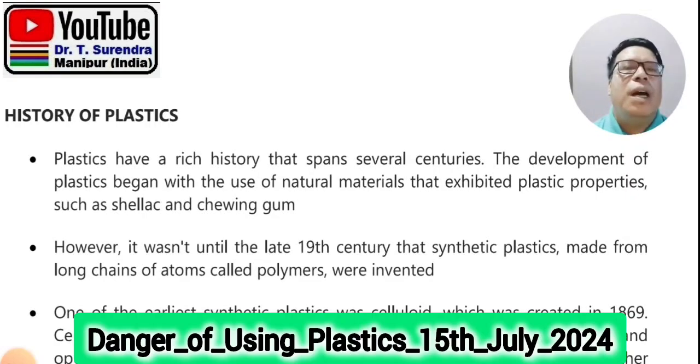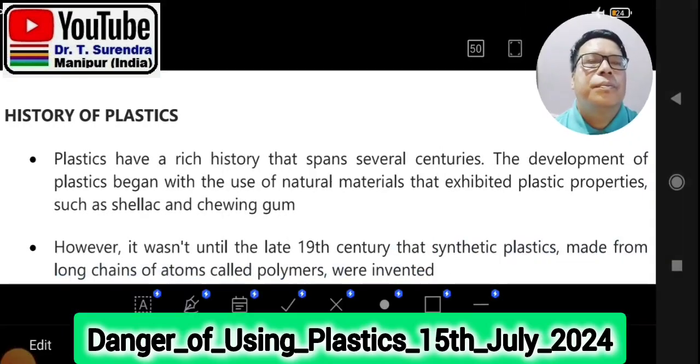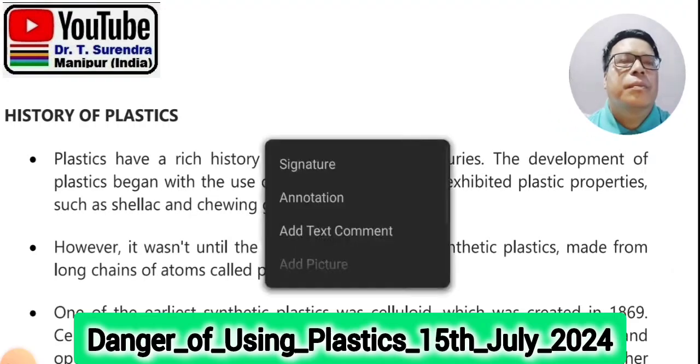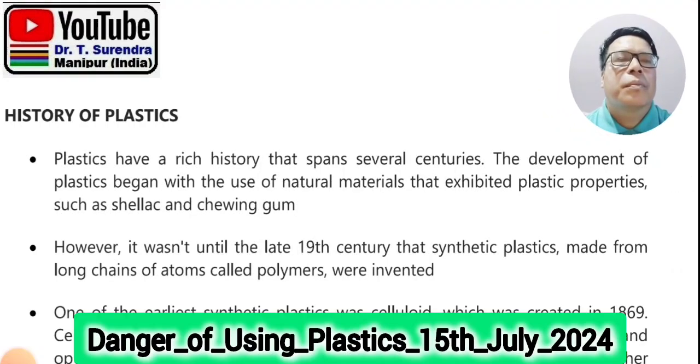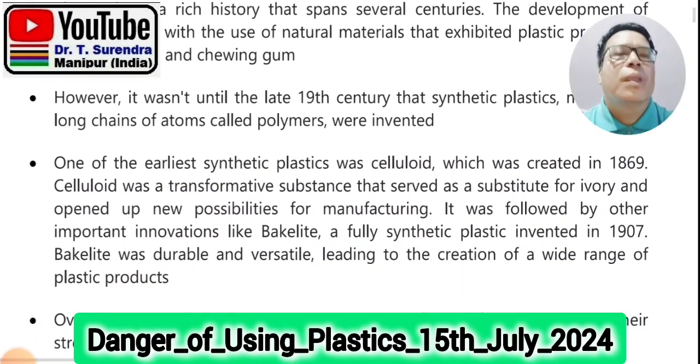One of the earliest synthetic plastics was celluloid, which was created in 1869.